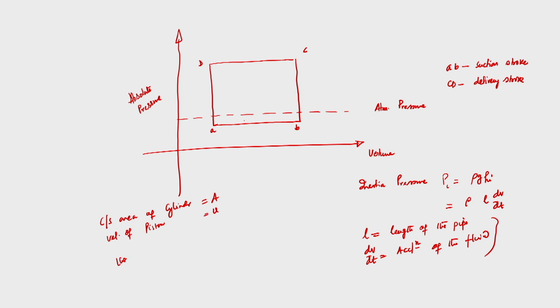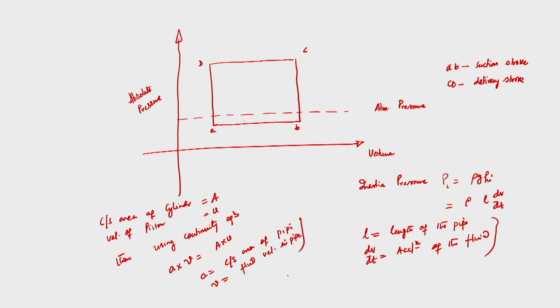Then using the continuity equation, I can write a into V is equal to A into capital U, where a is the cross sectional area of the pipe and V is the fluid velocity in the pipe.